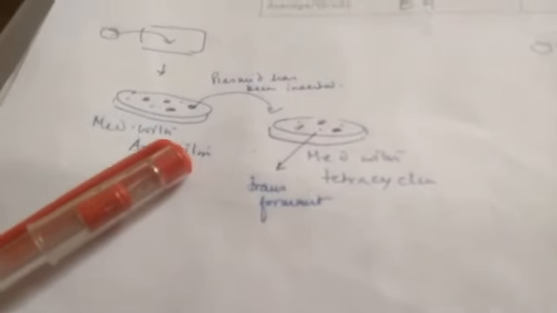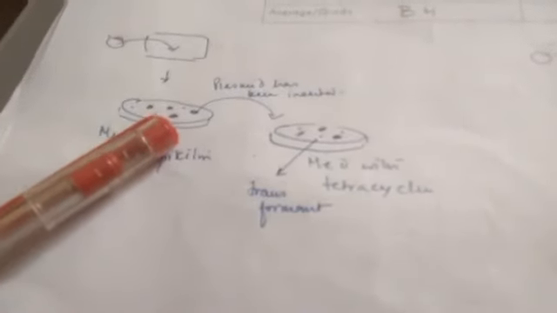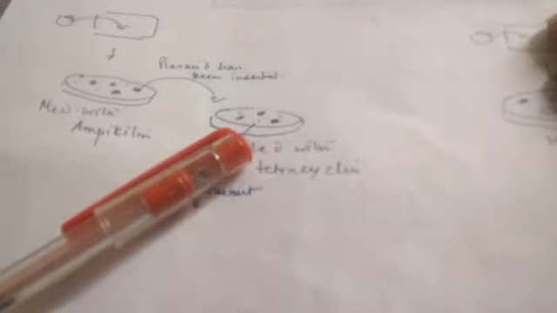Now it is the question whether our gene of interest has been inserted or not. First of all, we have screened out those which are not growing here, that means the plasmid has not been inserted there. So we are first screening the bacteria where the plasmid has been inserted. Now we will take these bacteria and transfer them to another medium containing tetracycline.